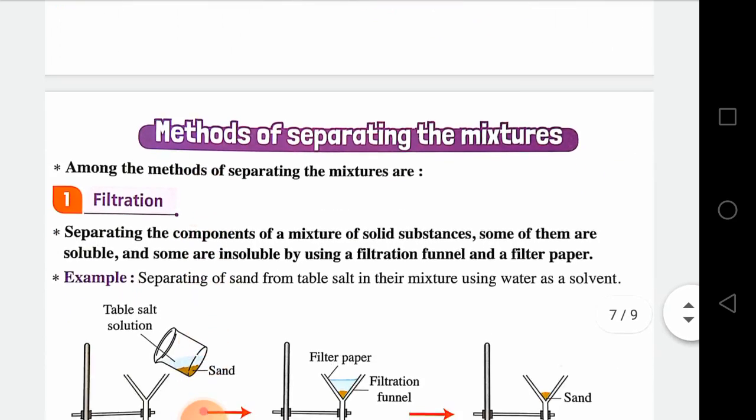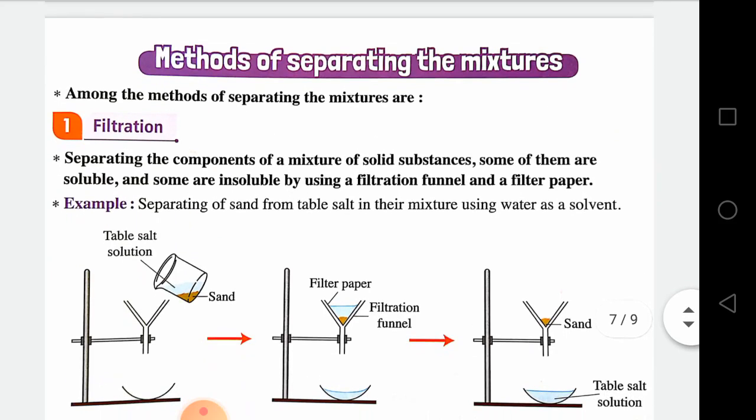Okay, now we will transfer to the third topic, which talks about the methods which are used to separate mixtures. To separate the components of mixtures, we can use three methods.